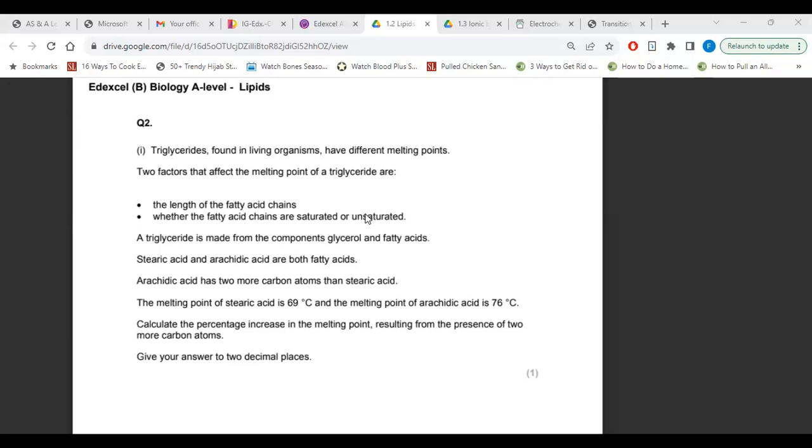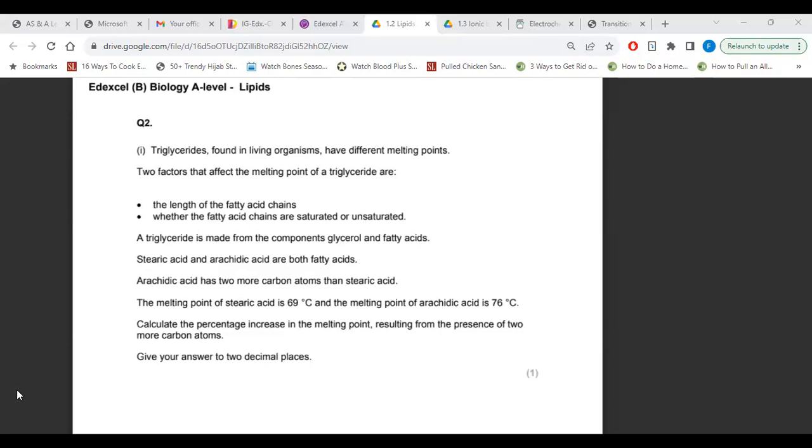Yes, correct. Okay, so good. Give that a try. Let me know what answer you're getting. I got 10.14%. Yes, that's absolutely correct.